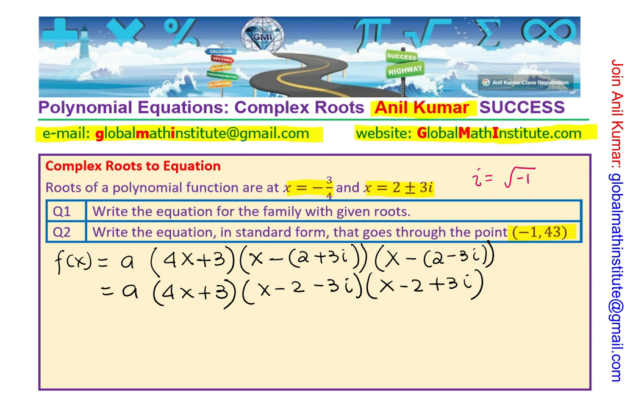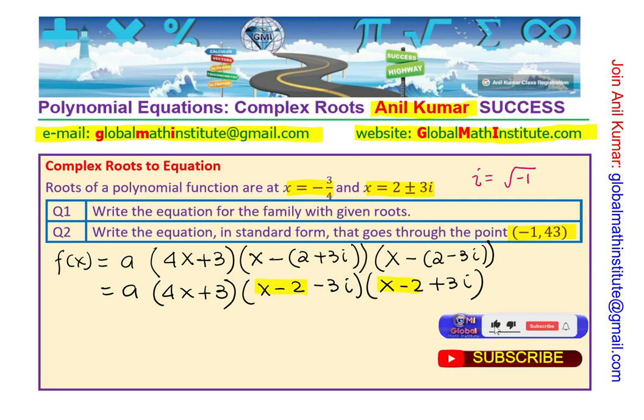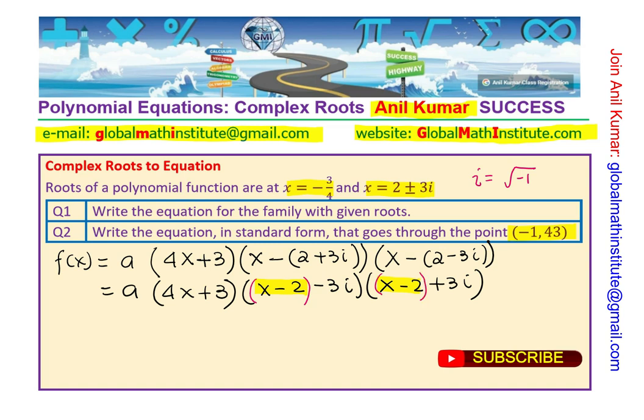However, you do notice that you can rewrite this as x minus 2 as one term, and then x minus 2 minus 3i times x minus 2 plus 3i. And now you can apply the formula: if you have a minus b times a plus b, it is a squared minus b squared.